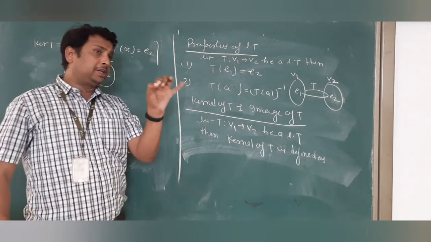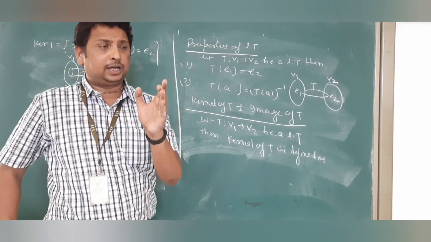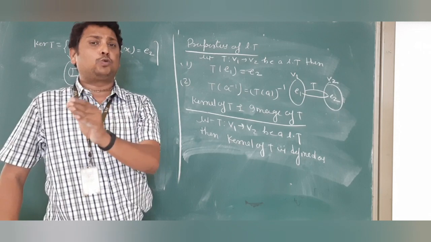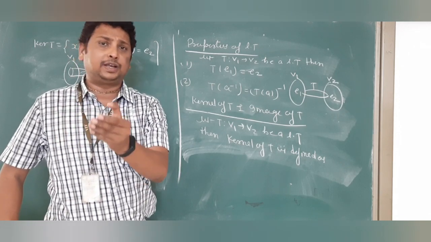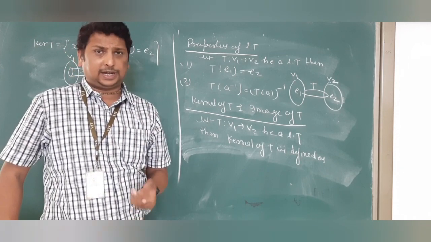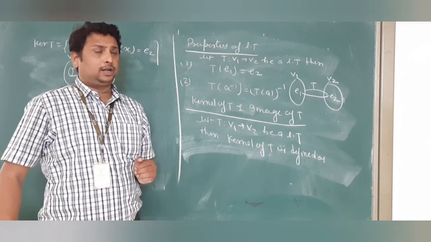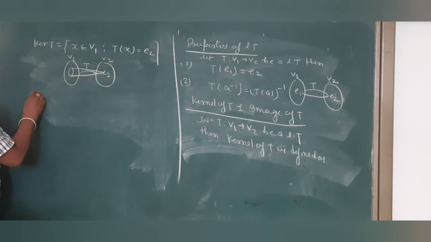Always the map is defined to you. Take that map, T of x is equal to identity, whatever identity is there for V2, and then solve it and get the values of x, y, z, whatever order is there. That is your kernel. And what is image of T?